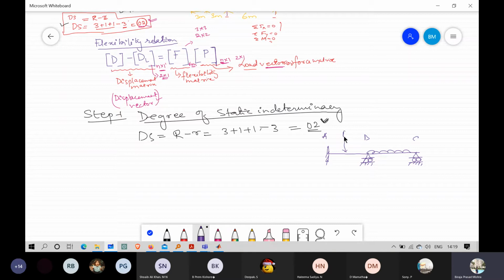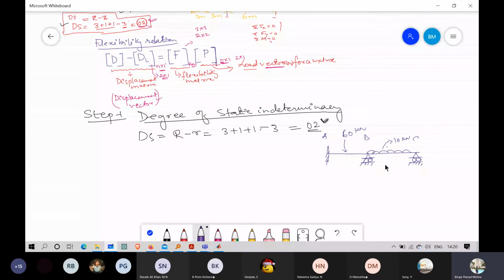This is 60 kilonewton and this is 10 kilonewton.